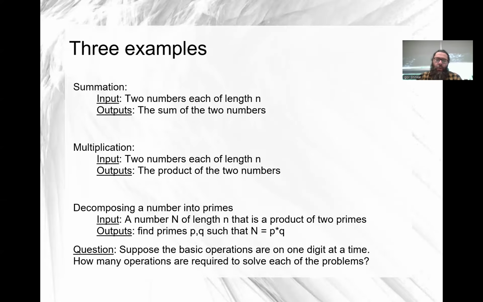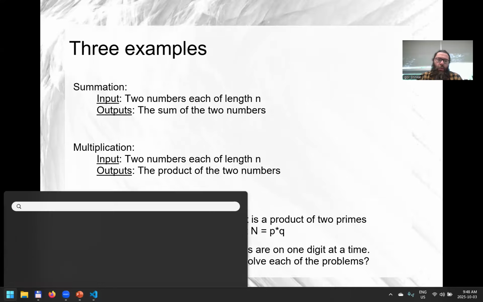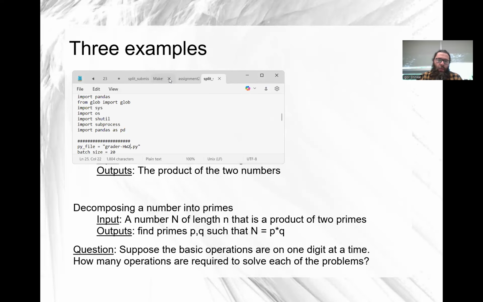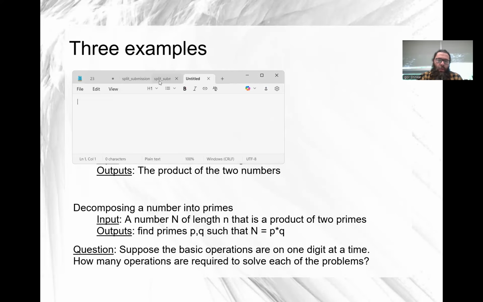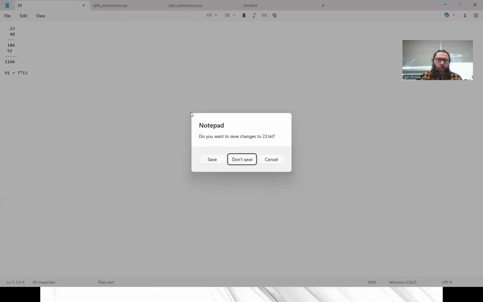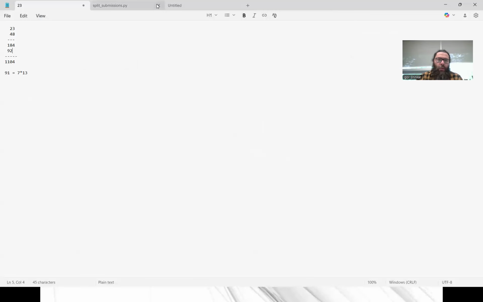Okay, so just to remind you, maybe I'll actually do it here. Oh yeah, I actually have it here from last time. So suppose we have two numbers, this number and this number, and let's make it longer. And our goal is to compute their sum. So how do we compute the sum of these two numbers?